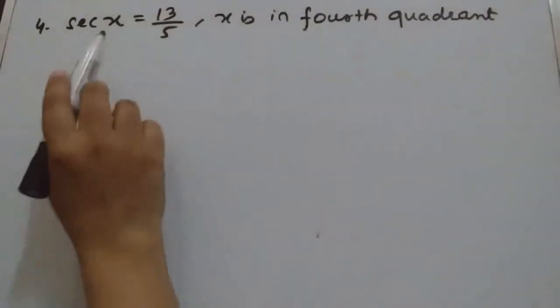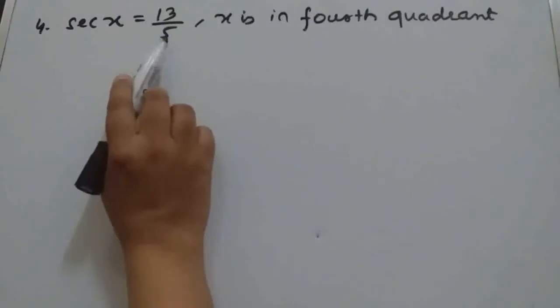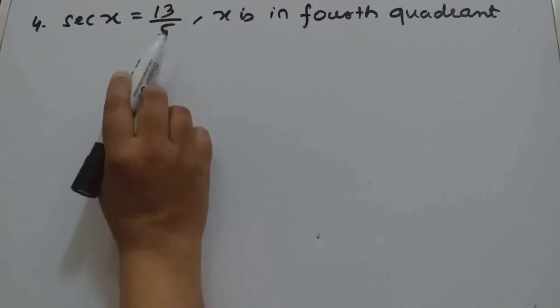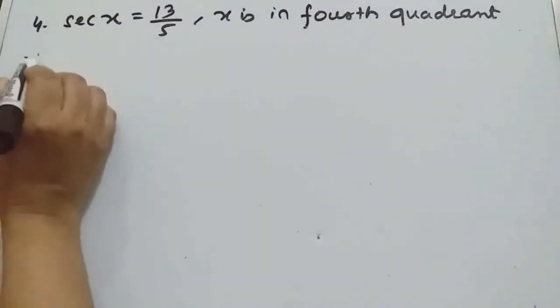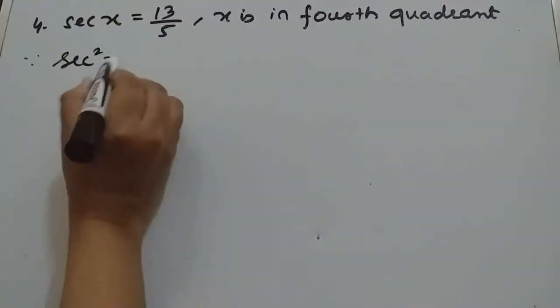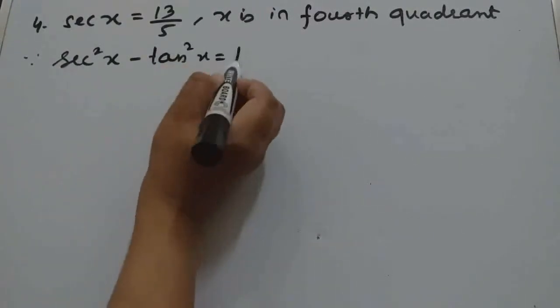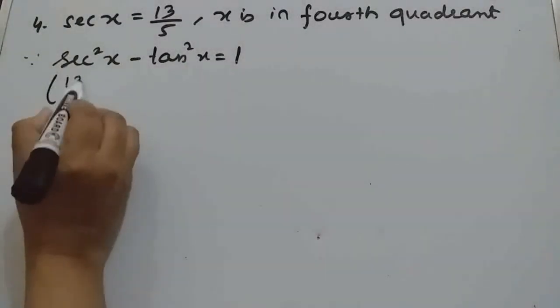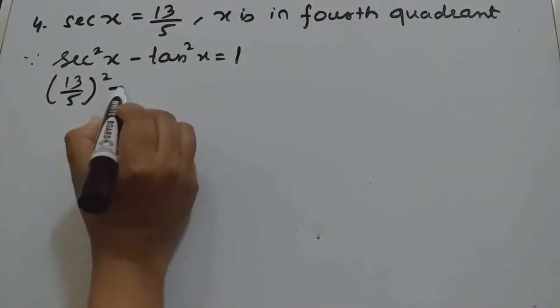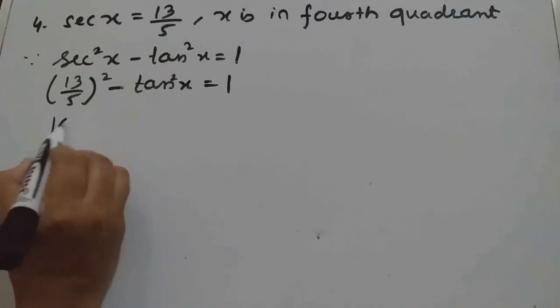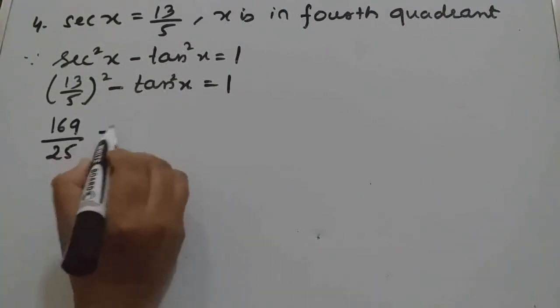Question 4. Sec x is given as 13 by 5. X is in the fourth quadrant. So now here we should recall the identity of sec square x and tan square x, sec square x minus tan square x equals 1. So this is given, 13 by 5 square, so 169 by 25.